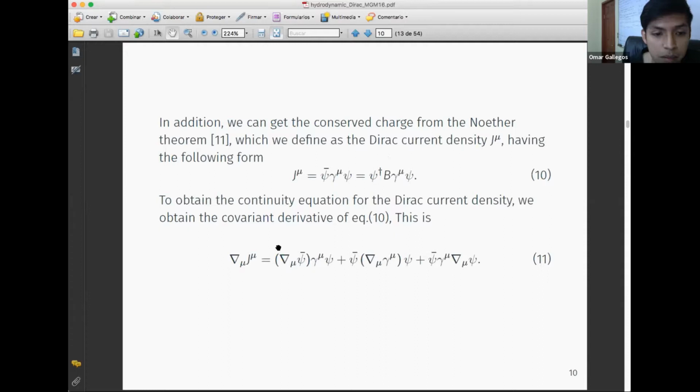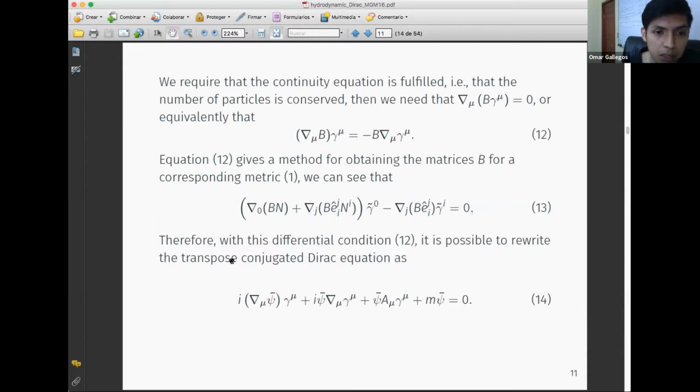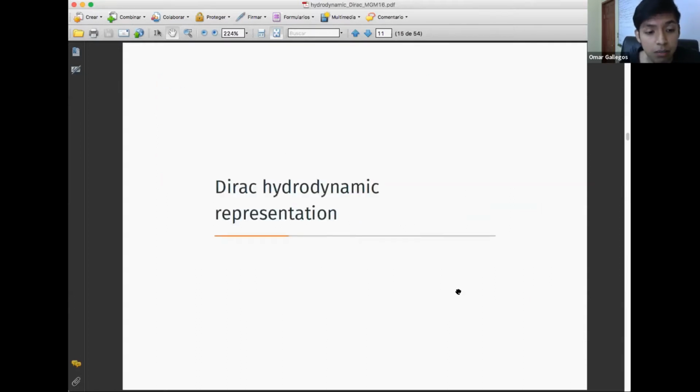Equation 11 is the continuity equation. The covariant derivative of the density current is equal to zero because we don't want spontaneous creation or annihilation of particles. With this fact, we obtain equation 12. The transpose conjugate Dirac equation is in equation 14. These equations are the equations of motion of our system.